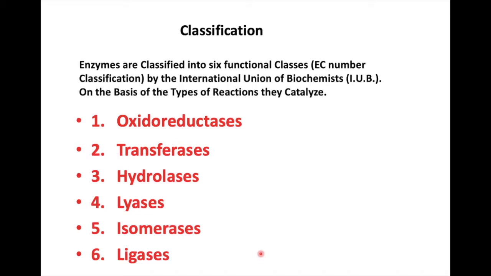The 6 classes are: first, oxidoreductases; second, transferases; third, hydrolases; fourth, lyases; fifth, isomerases; sixth, ligases.